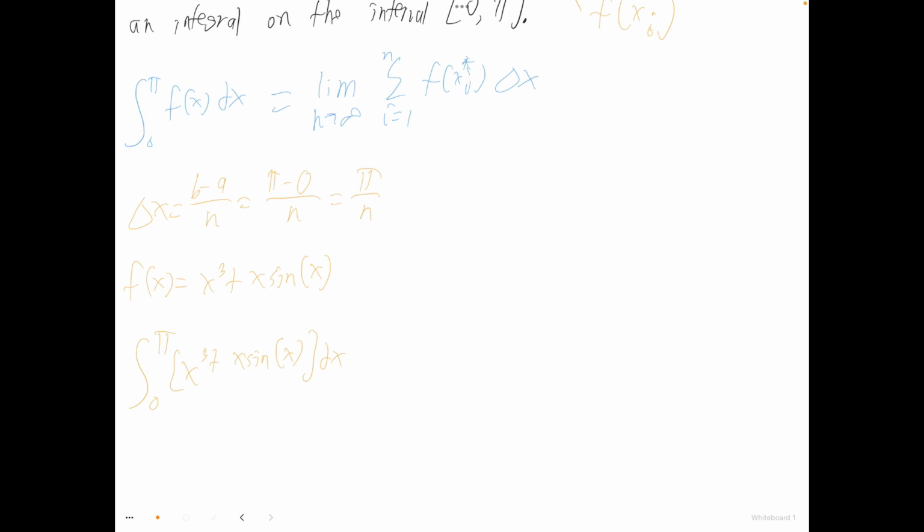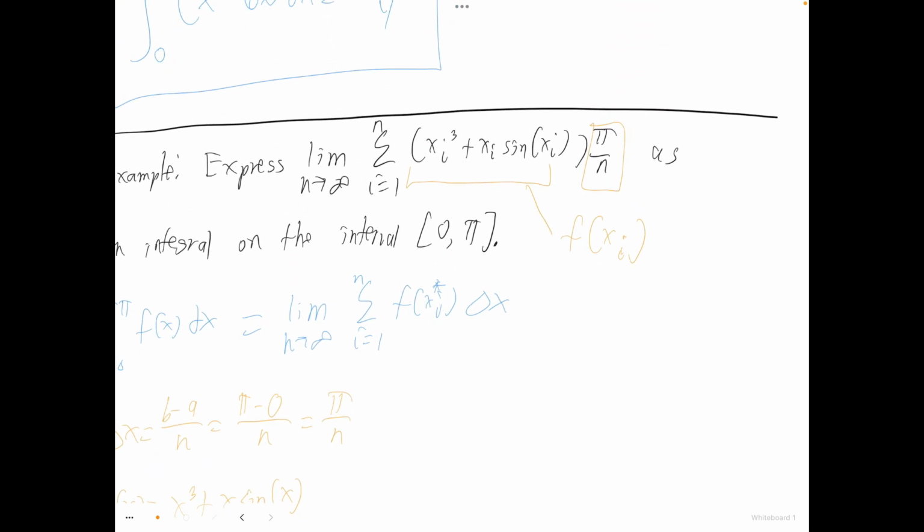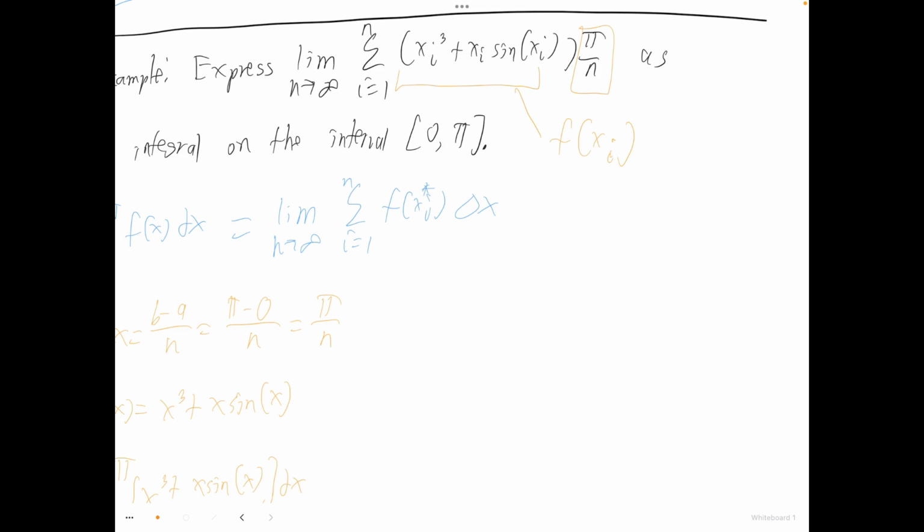Okay, and so that allowed us to convert our summation into an integral. Now we could have written this in a bit more complicated way. Instead of writing down x sub i cubed plus x sub i sine of x sub i, we could have written this as the expression pi over n cubed plus pi over n sine of pi over n. So this is actually using what x sub i equals.